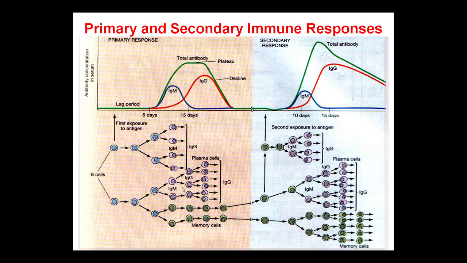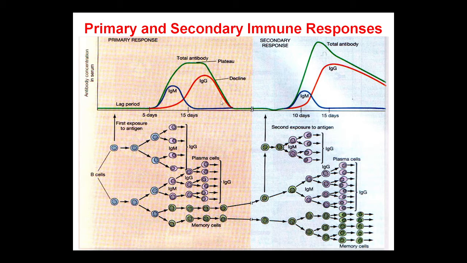Other B lymphocytes that undergo more steps of replication are finally also transformed to plasma cells, so-called plasma cells of the second line. And these second line plasma cells produce not immunoglobulin M, but immunoglobulin G. Immunoglobulin G appears second, after immunoglobulin M. The peak of this immunoglobulin occurs 3-4 weeks after initiation of the immune response.